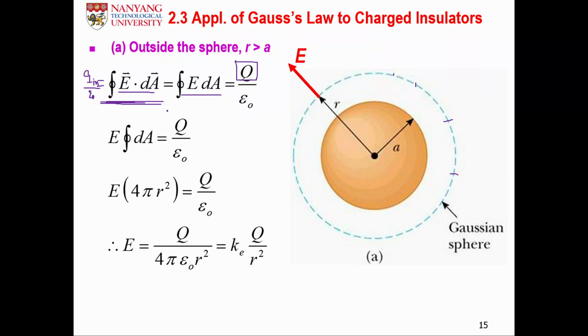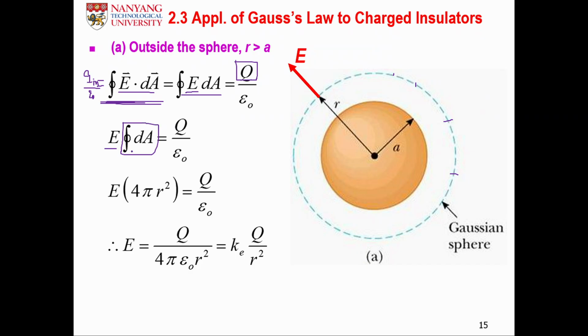Right? Again, another step: the magnitude of E, by symmetric argument, should be constant. Constant means you don't need to do any integration of E, but instead, you only need to do integration of dA.